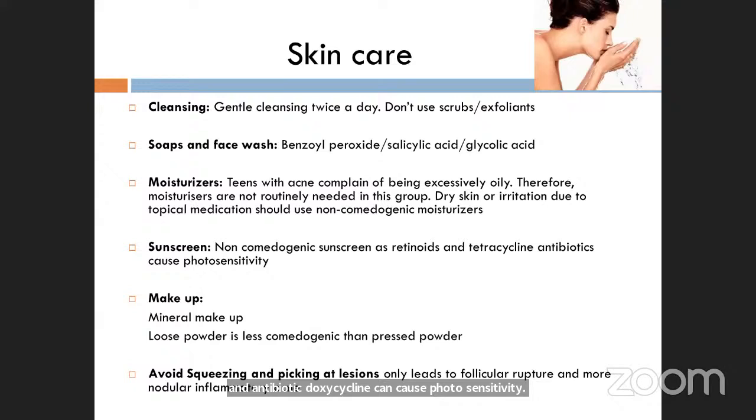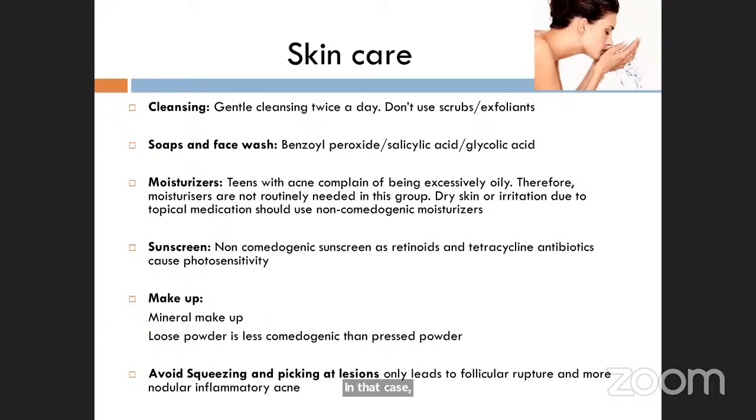So when the patient comes, you tell them that you are giving this cream and this antibiotic, and in case they feel, because they have potential to cause photosensitivity, that it is causing irritation of skin once they are out in the sun, in that case sunscreen is a must.